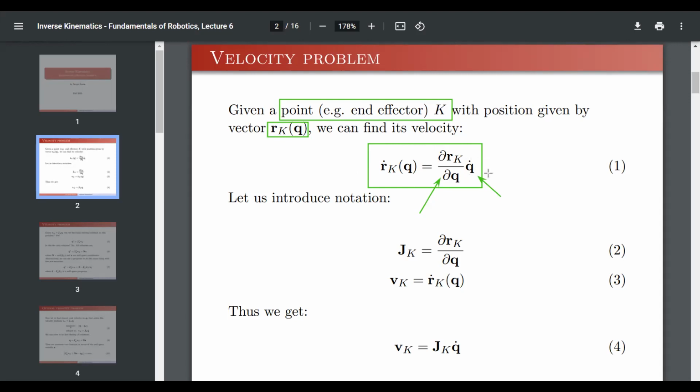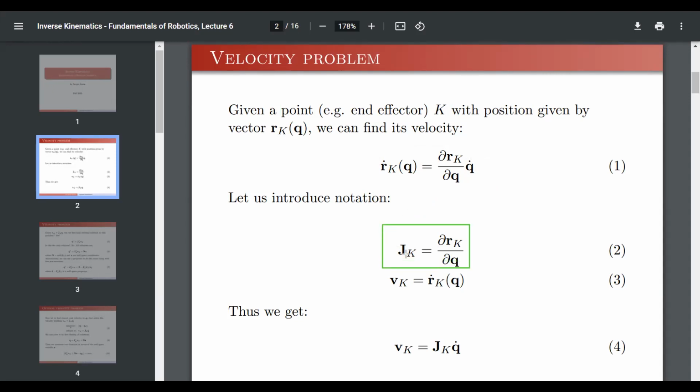For simplicity, let us introduce some notation. It will be extremely useful for this lecture. We denote the Jacobian as G. It is dr dq, the Jacobian. We denote velocity as v. It is r dot.